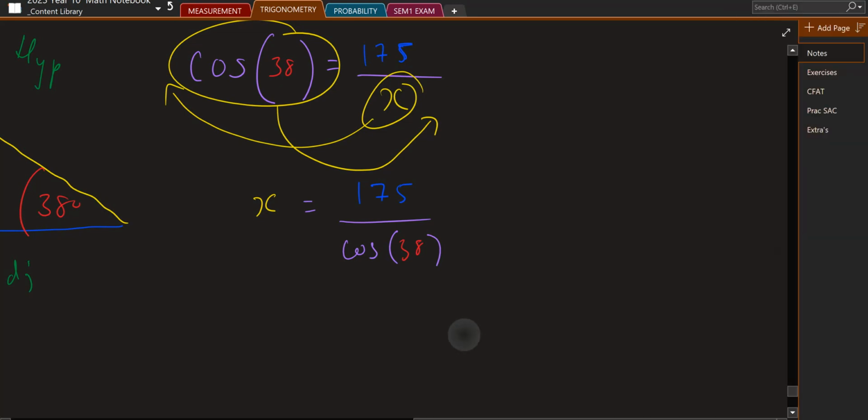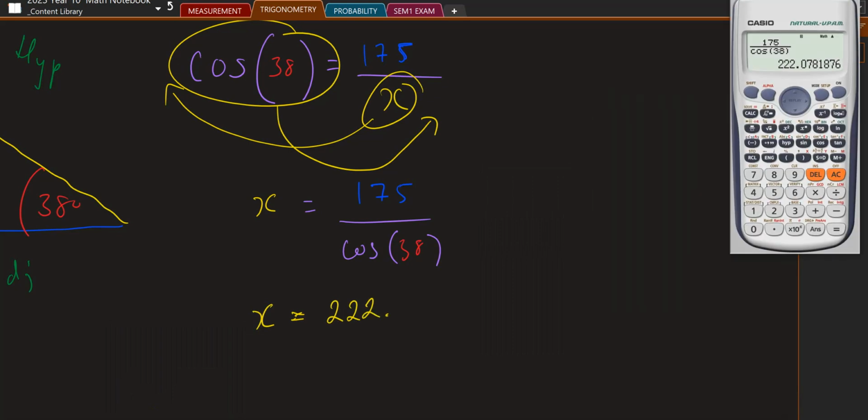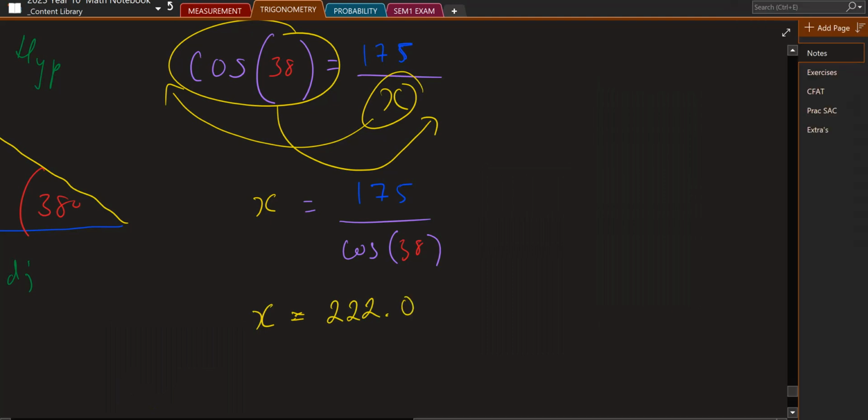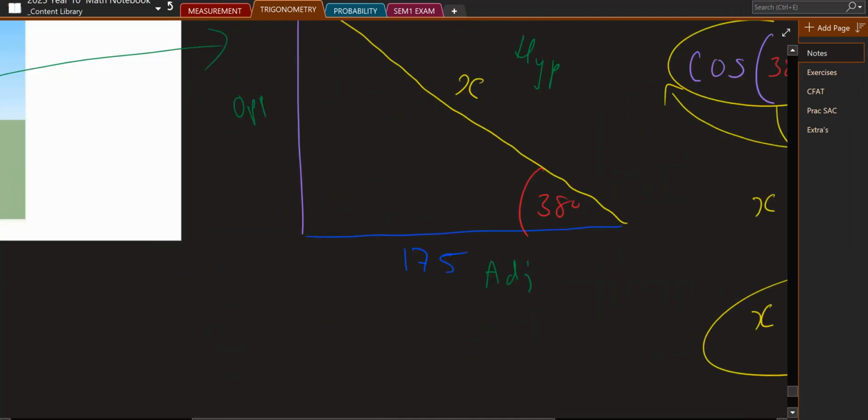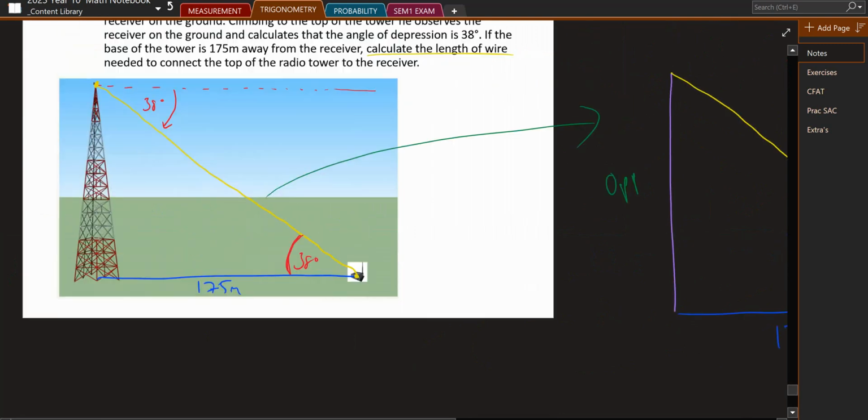So the length of wire we need is 222.08. Okay, and that's the length of wire needed in order to connect the top of the antenna to the receiver.